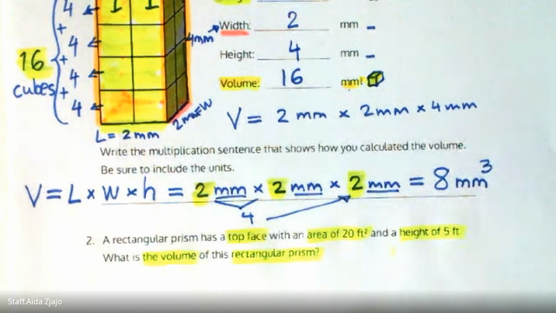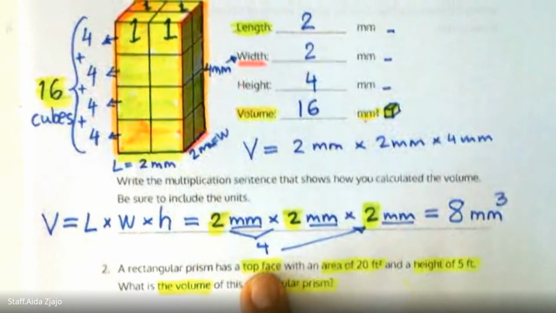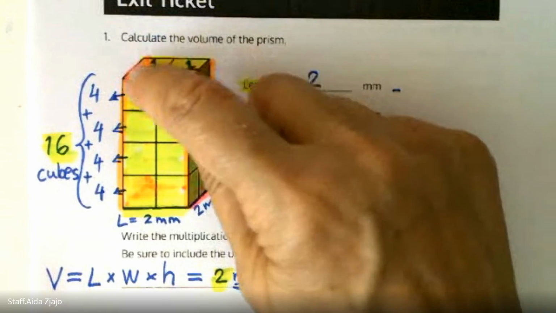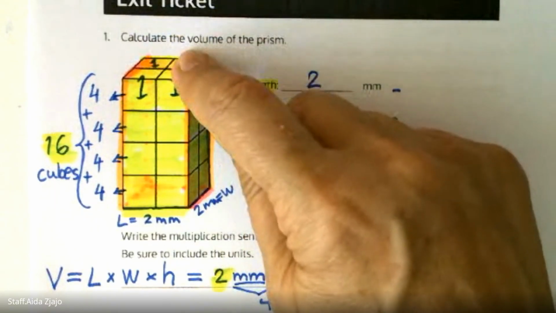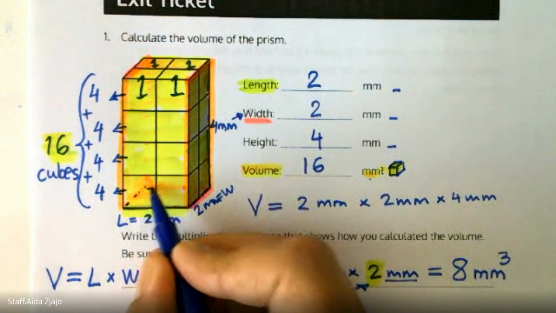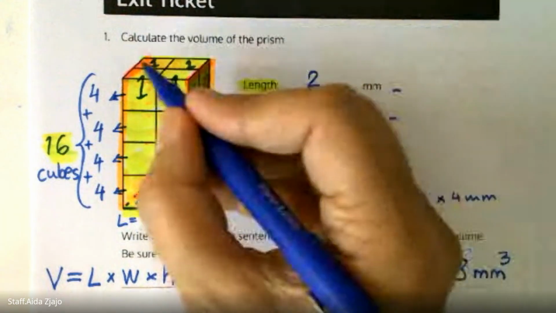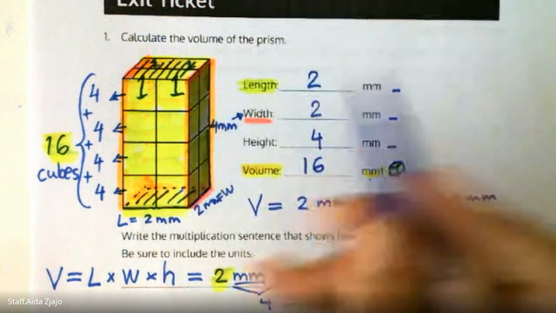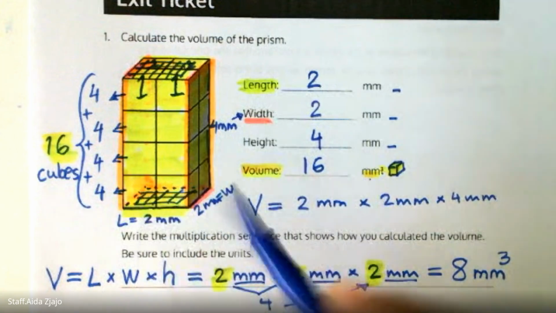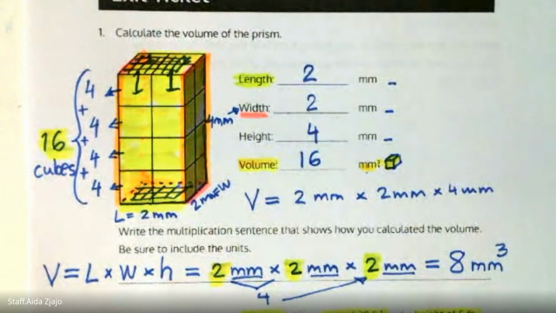So what I would like to tell you is, whether they give you the base or the top face, what they mean is the top. What is the area of this top, or what is the area of this bottom? Because this part here is the same as this part on the top, the area of the top is the same as the area of the bottom when we are talking about a prism.